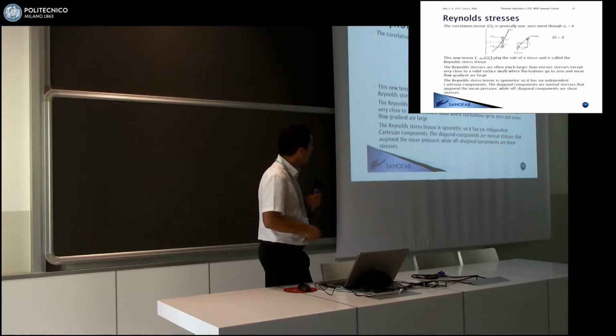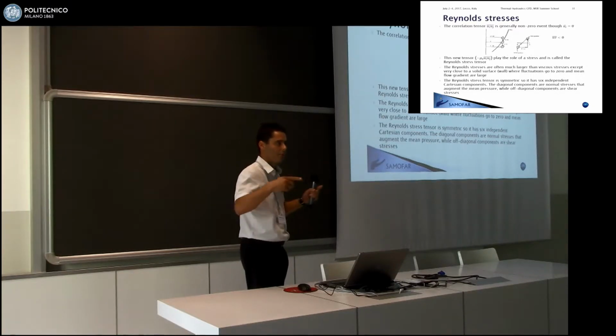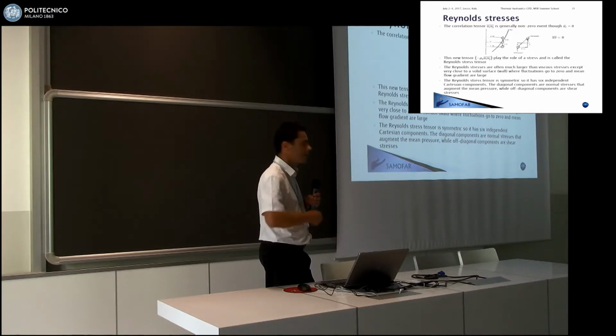So the idea was, yes, maybe I'm going very quickly, this is an explanation why this term is not zero. You may think, okay, if I multiply two fluctuations and calculate the average, that will be zero. Well, unfortunately, in a flow, it's not the case. This is showing the velocity profile, for instance, near a wall. And you can see this fluid particle is, because of fluctuation, jumping a little bit up, to a region where the mean velocity is a little bit higher.